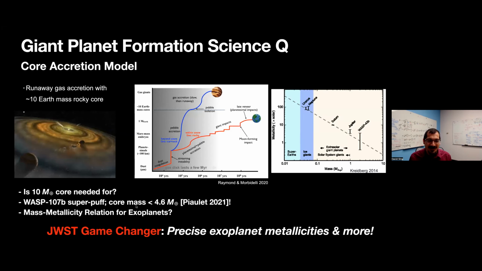And if you look in the literature, there are estimates for the core mass, and it's actually less than 4.6 Earth masses. So it's not clear how a planet like WASP-107 could have runaway gas accretion with a core this light. So this is a real challenge to core accretion theory.